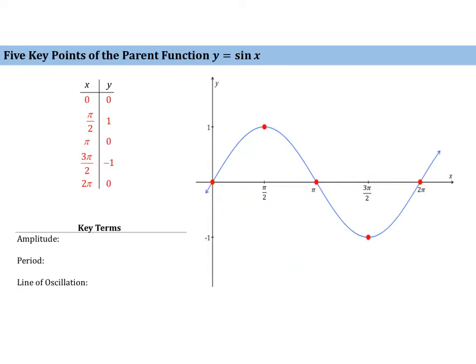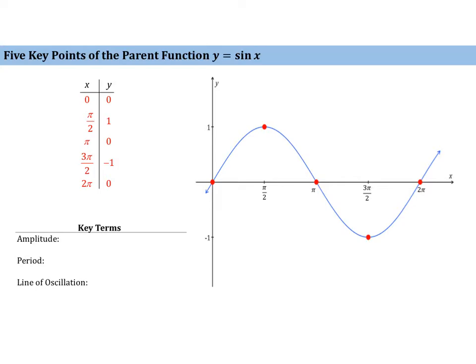So as before, whenever we wanted to graph functions, we looked at a parent function, then we applied transformations on that parent function. So here are some key points that we have on our parent function. So the sine of 0 is 0, the sine of pi over 2 is 1, the sine of pi is 0, and so on and so forth.